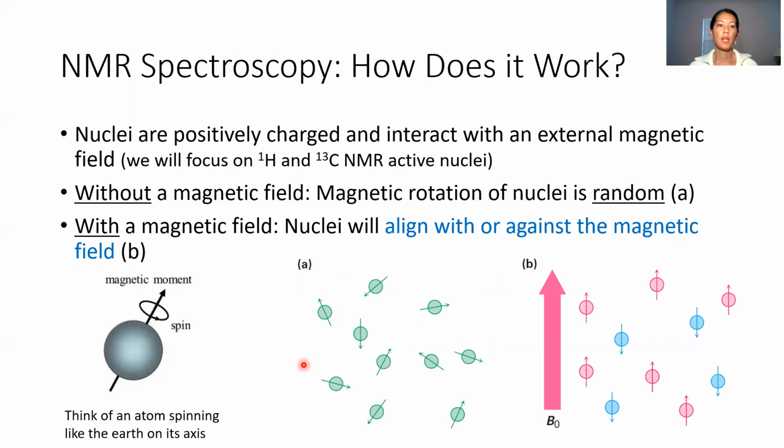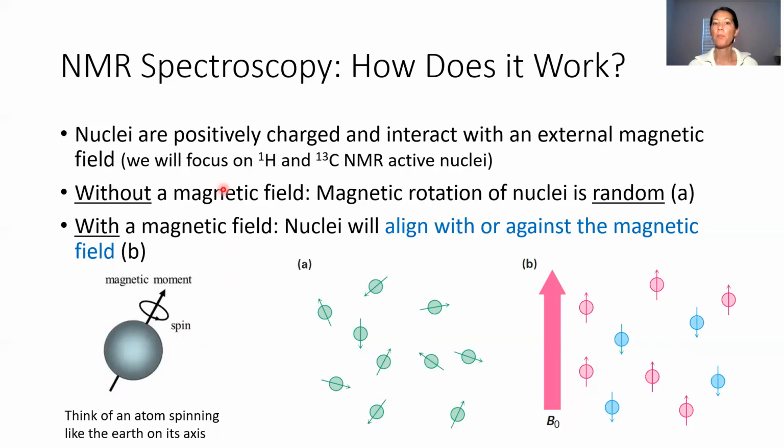So how does this work? The first thing is we're focusing on proton NMR and C13 NMR because these are NMR active nuclei. They have a spin that can generate a magnetic moment. You have to think about atoms and nuclei having a certain spin. Think of it as the Earth on its axis, and it could create a magnetic moment.